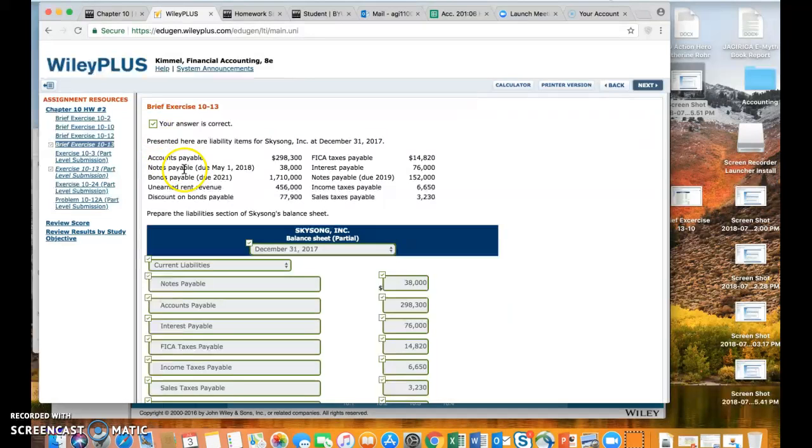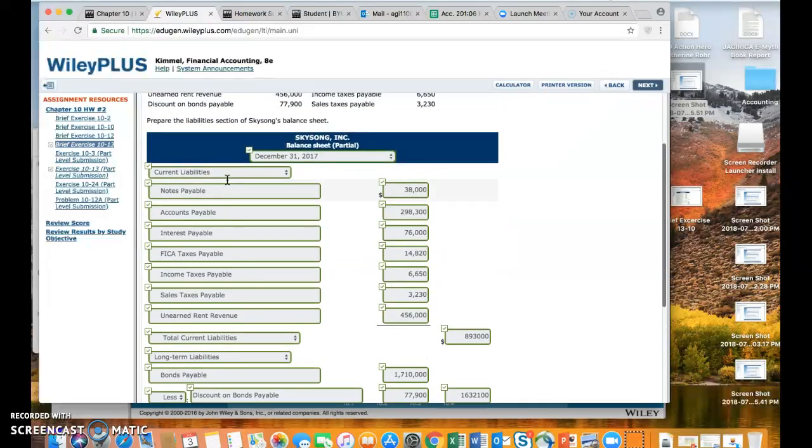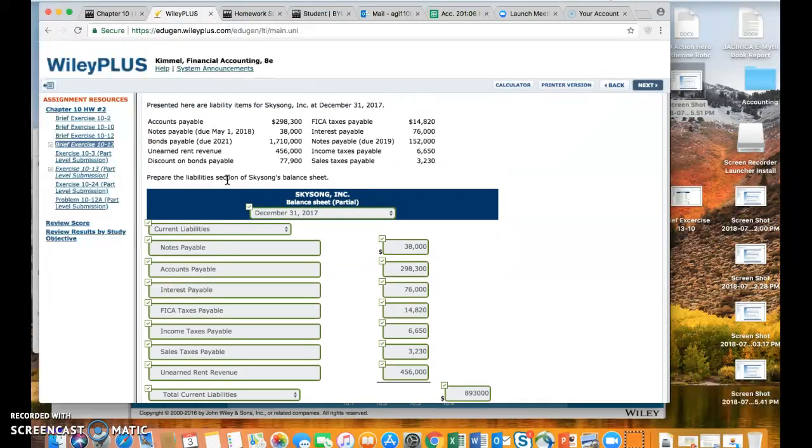The question asks us to present a partial balance sheet for all their accounts payables that were being done. I've done this, so I'll quickly explain it before I move to the next one.